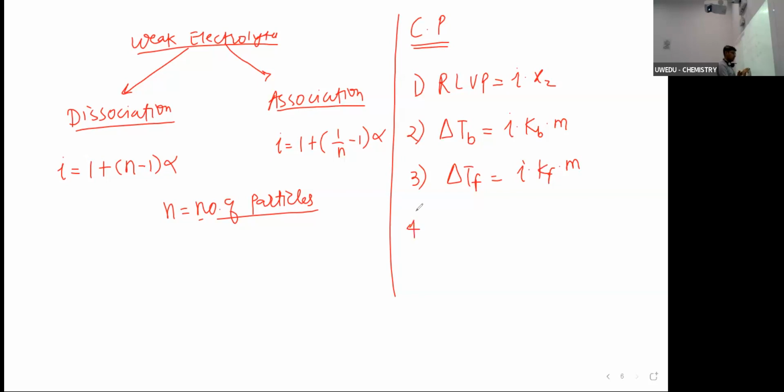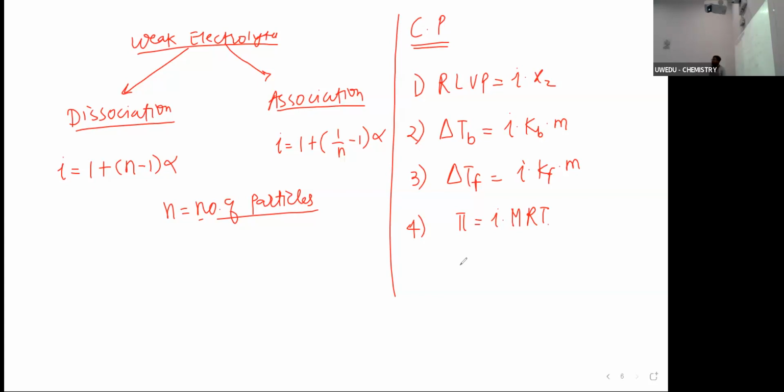Fourth, pi is equal to I into MRT. That means whenever we are calculating colligative properties of electrolytes, we have to put I values, and then only we get the correct answer. Because particles have increased, we have to put that I value so that you get the correct answer.